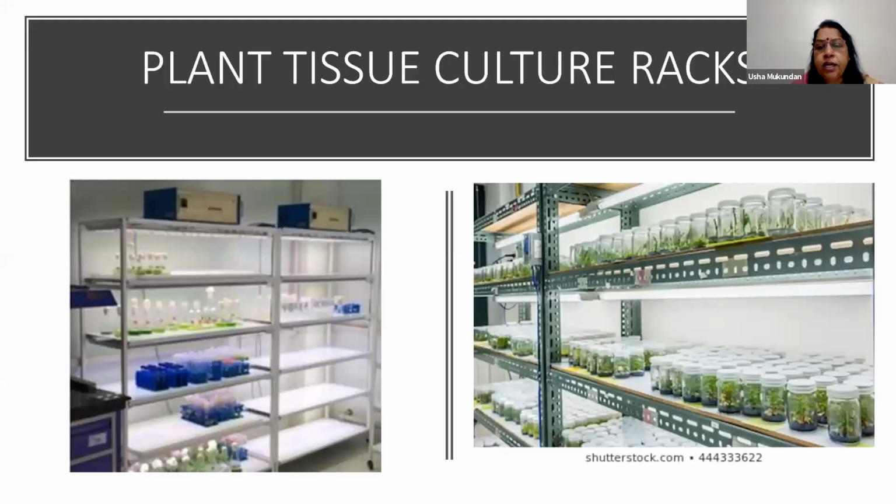A plant tissue culture lab can be designed using a slotted angle rack, with a set distance between your culture vessel and the tube lights. Usually light is supplied by cool fluorescent lamps, because tungsten lamps will generate heat. Therefore you use tube lights which are cool and fluorescent.